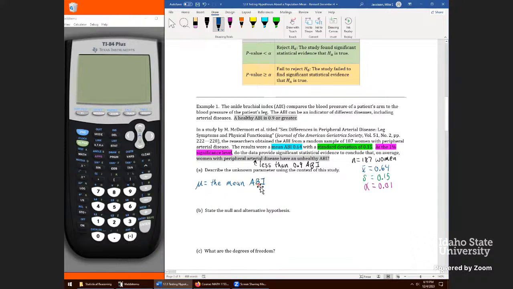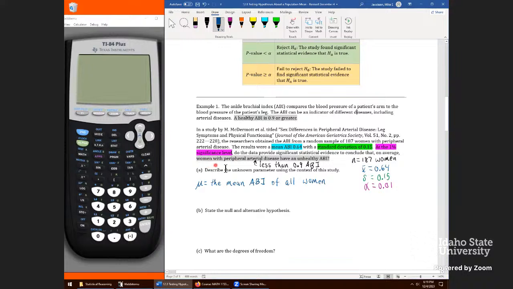ABI has to be there some way, somehow, because all these values are 0.64 for the mean ABI, S for the standard deviation ABI, and so on. So it's the mean ABI of all women, but we don't mean necessarily all women. We mean all women with a specific condition.